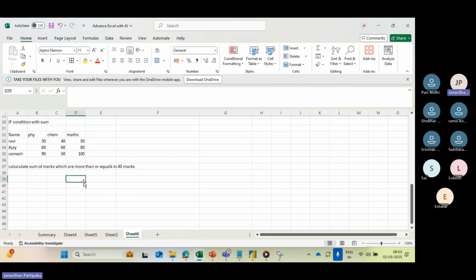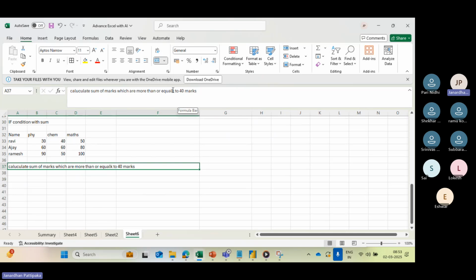So if the marks are greater than or equal to 40, I want to add those marks. If marks are less than 40, I don't want to add those marks. That is the condition I have given.